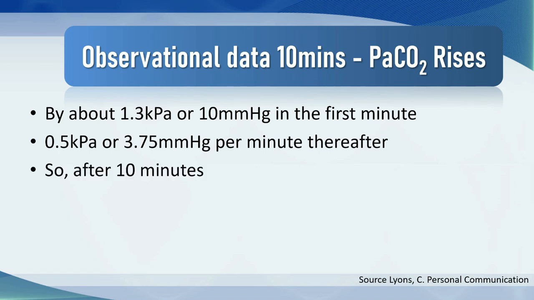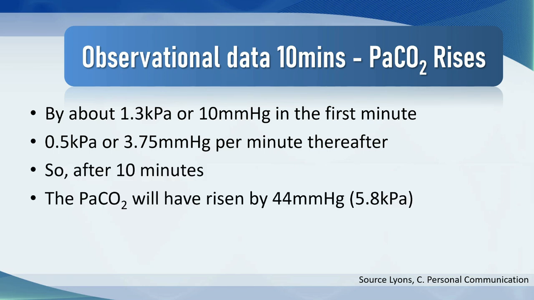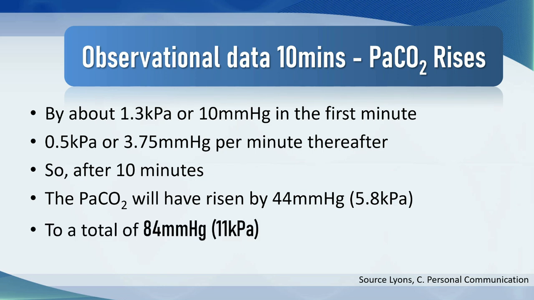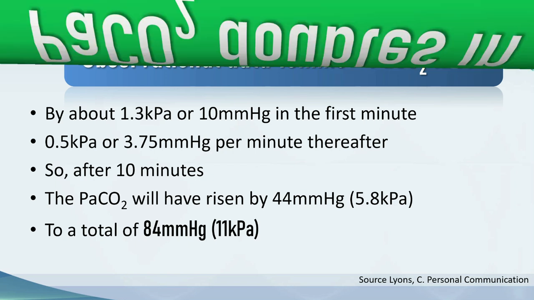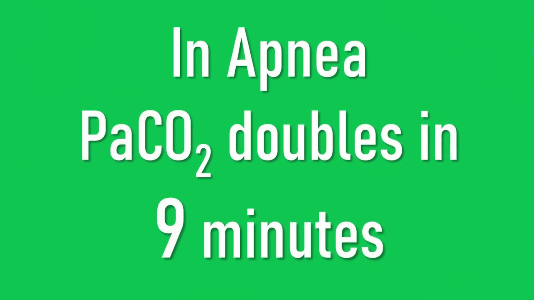So after 10 minutes, the PaCO2 will have risen by 44 millimeters of mercury, or 5.8 kilopascals, to a total of 84 millimeters of mercury, or 11 kilopascals. And this means that in apnea, the PaCO2 doubles in 9 minutes.